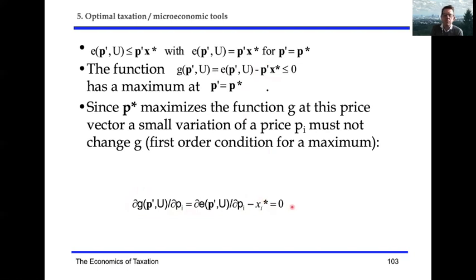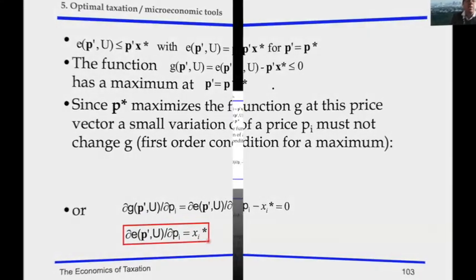And because it's a first order condition, it has to add up to 0. Or we can rewrite that, saying that the differentiation of the expenditure function with respect to the price P_i is nothing else than the amount of x_i purchased initially.